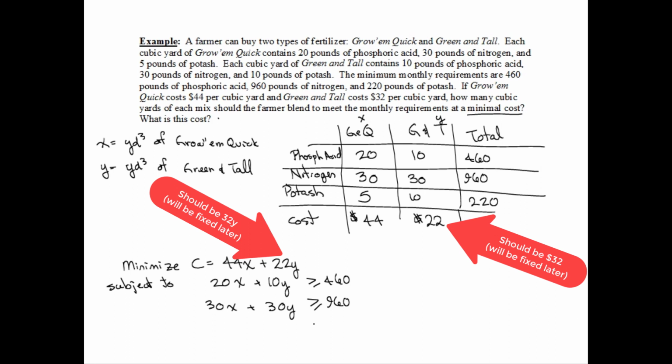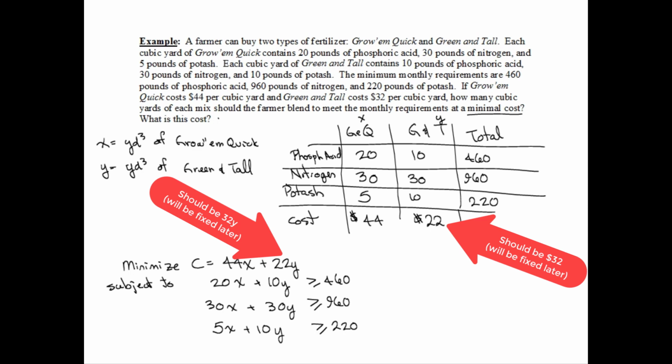The potash has to have at least 220 pounds of potash. So that'll be 5 times the number of cubic yards of Grow 'em Quick plus 10 times the number of cubic yards of Green and Tall. So 5x plus 10y greater than or equal to 220.